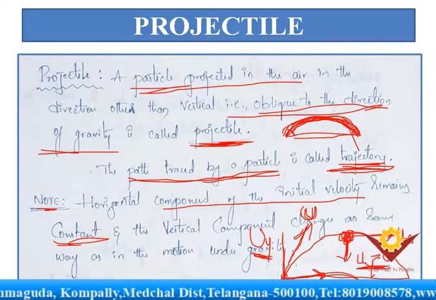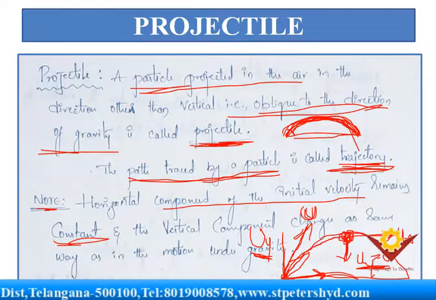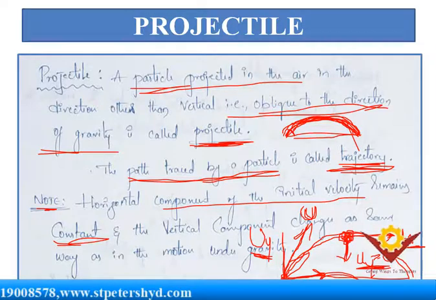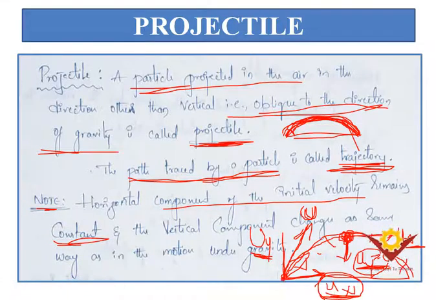As the particle goes on like this, your horizontal velocity will be constant, but your vertical velocity will change from point to point. Everywhere your vertical velocity changes, but not the horizontal velocity. The horizontal velocity remains constant. Clear?